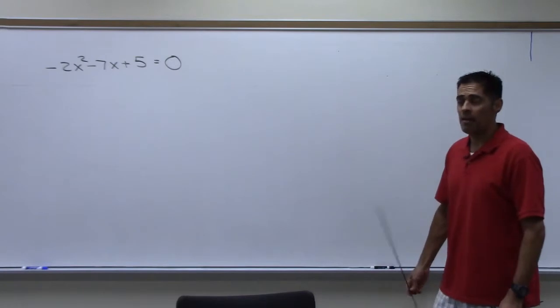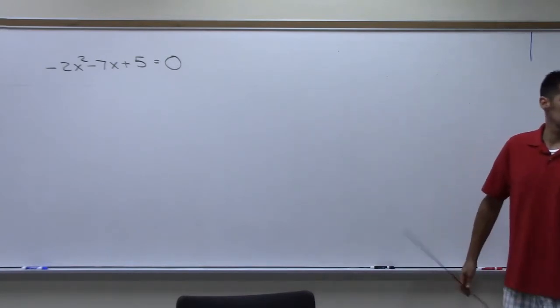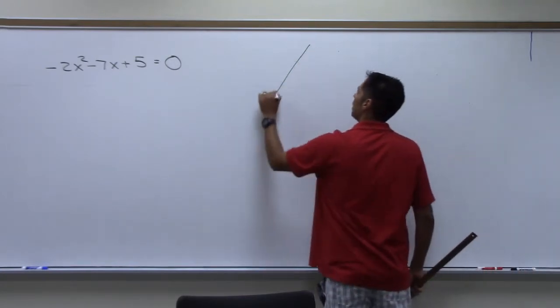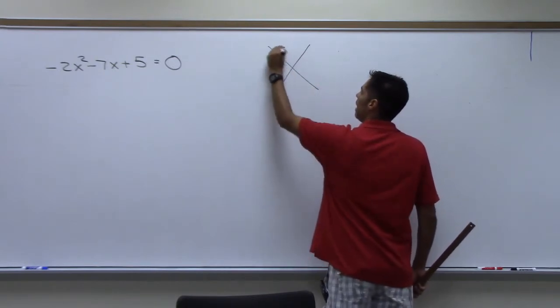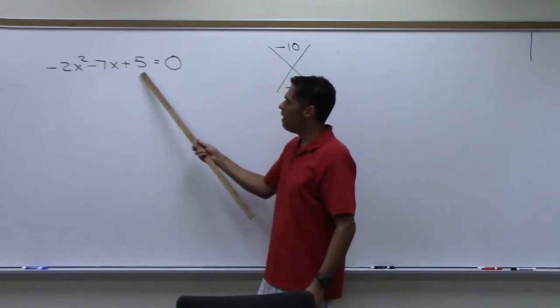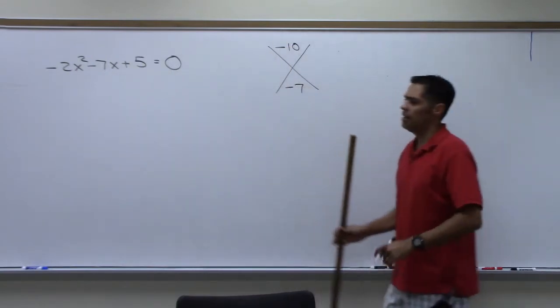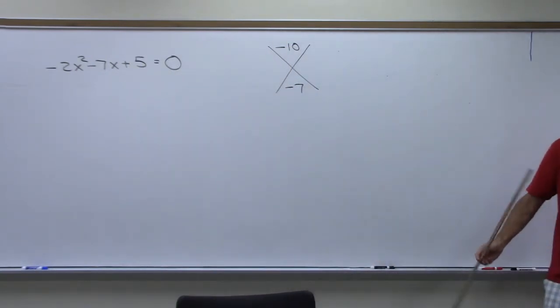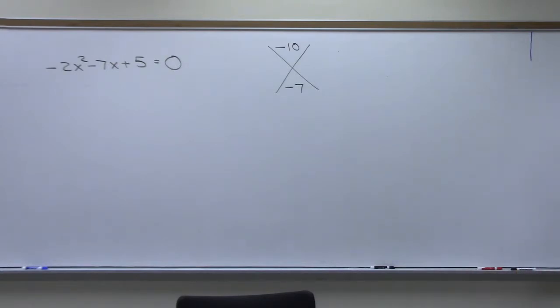All right, so if we were looking at that, we might initially start with this thing. Negative 10 and negative 7. So I'm doing negative 2 times 5. It's negative 10, then negative 7, and try and come up with 2 numbers to do that. And you're not going to be able to.